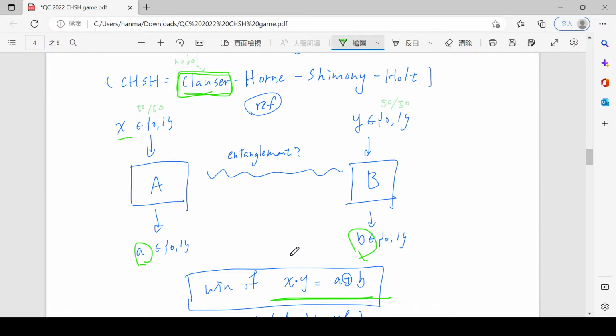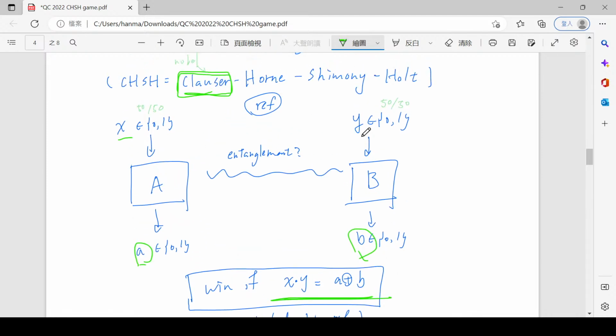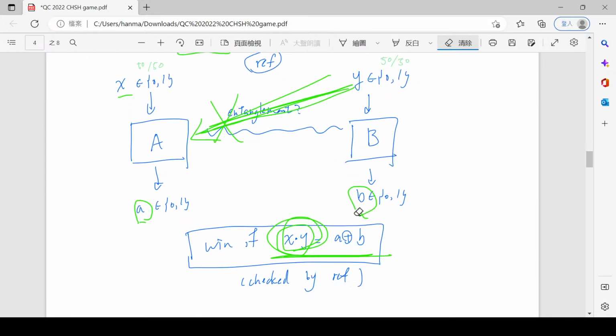Alice and Bob want their outputs correlated with X and Y, so they want A XOR B equal to X times Y. But Alice doesn't know Y, and Bob doesn't know X, since they have no communication. So none of them knows X times Y. The hard part is how to get some correlation between A and B that depends on X times Y.